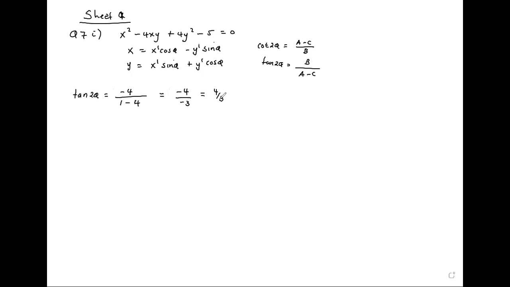So what do we do? We resort to using the triangle. We make this angle 2 theta. Remember, you don't make it theta, because what you have there is 2 theta. So you make it 2 theta. And then tan is opposite over adjacent from SOHCAHTOA.